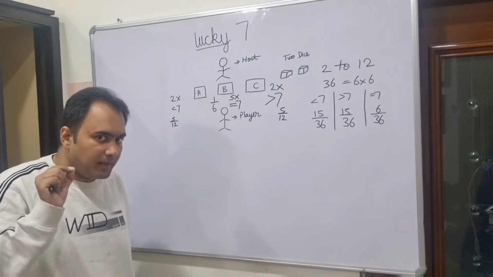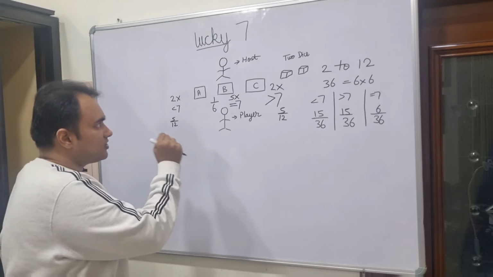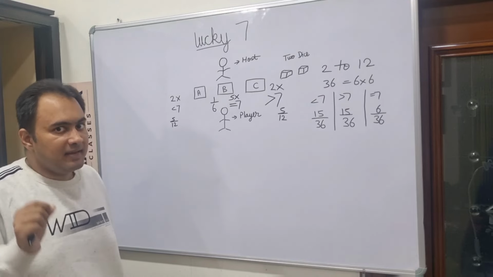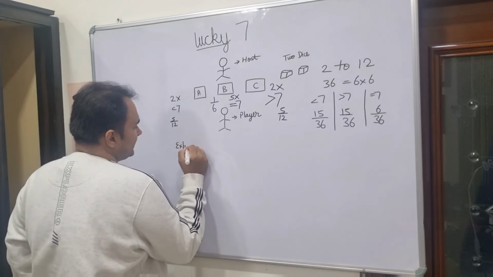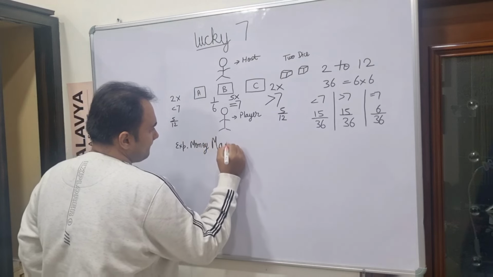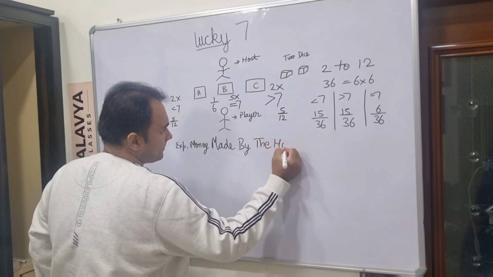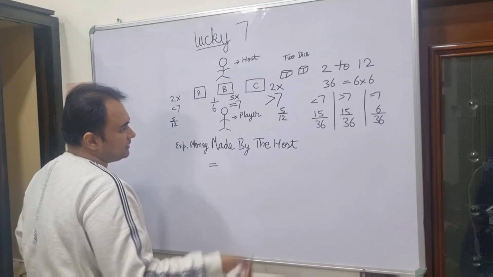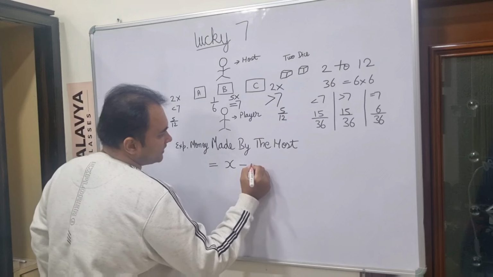Now, if the player bets X units of money on box A, what is the expected money made by the host? The expected money made by the host is equal to the money coming in the casino, X units of money, minus the money going out of the casino.